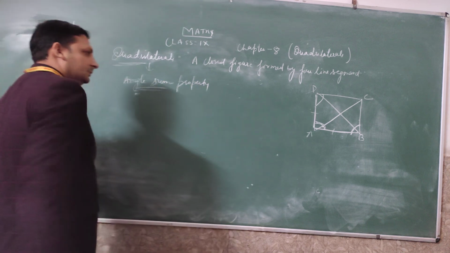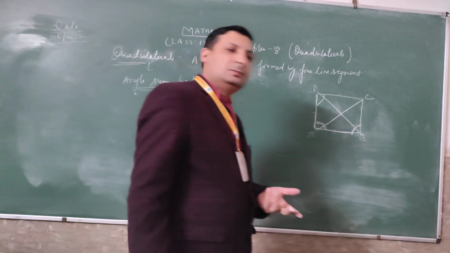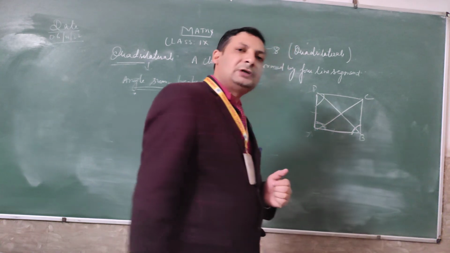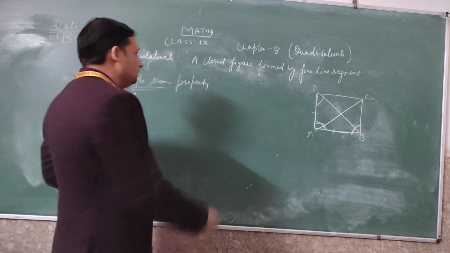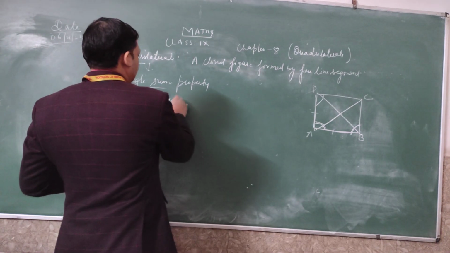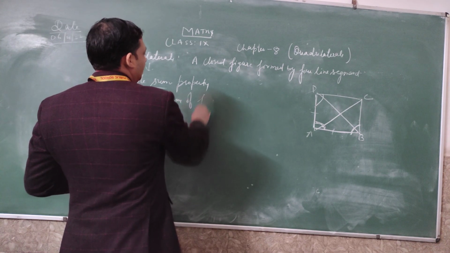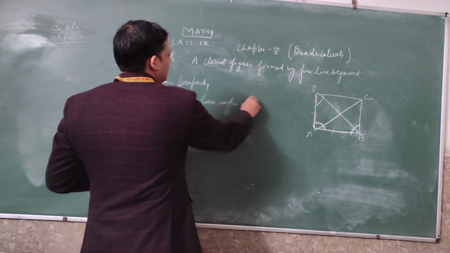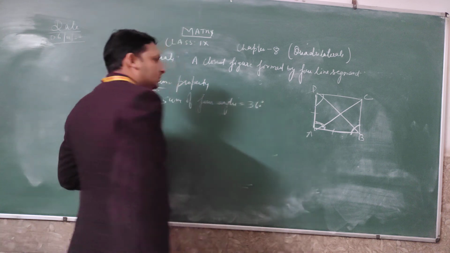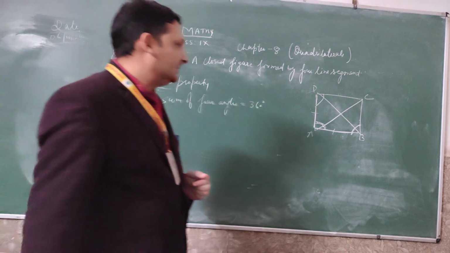As we know, a quadrilateral has 4 sides, which means it has 4 angles. The angle sum property we will use is that the sum of the 4 angles is equal to 360. The sum of 4 angles is 360.